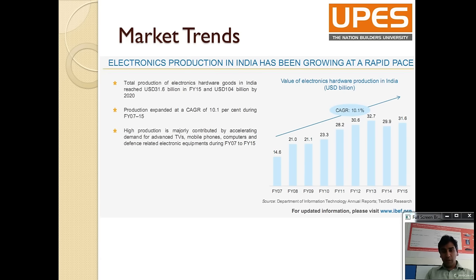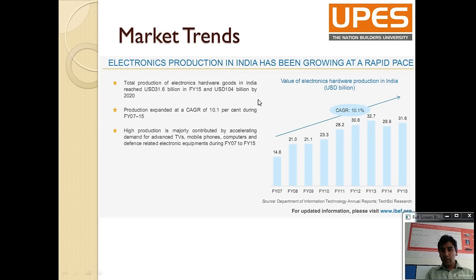In financial year 2007, the Indian electronic market was about 14.6 US billion dollars, which grew at 10.1% and became 31.6 US billion dollars in financial year 2015. And the prediction says it can go up to 104 billion US dollars in the year 2020.